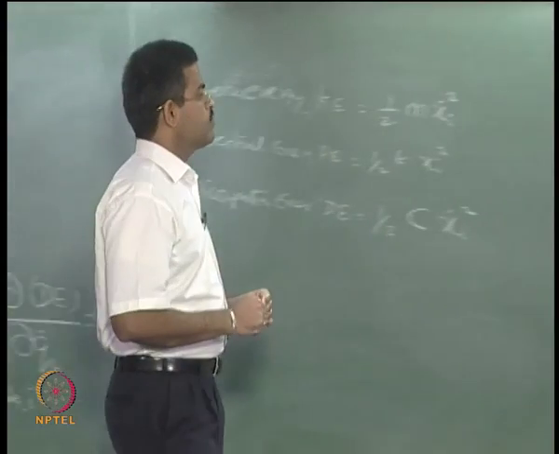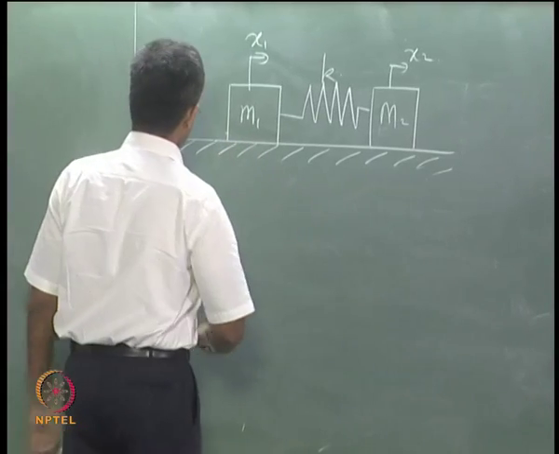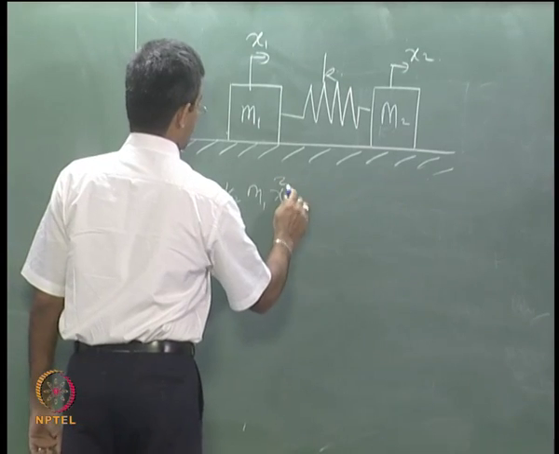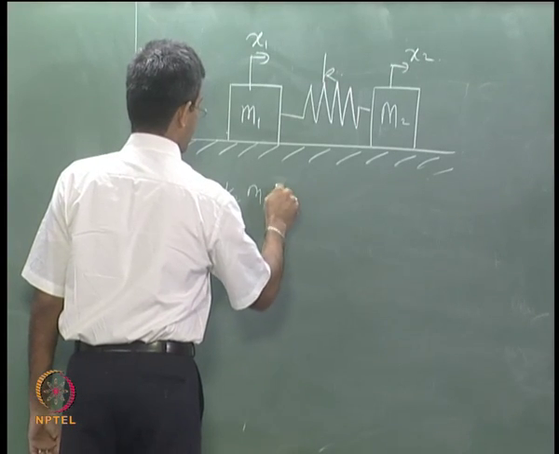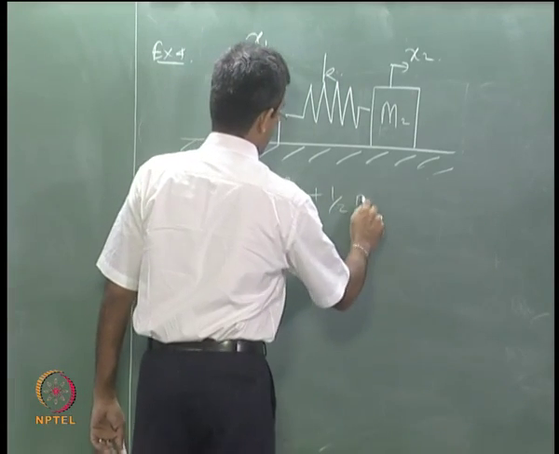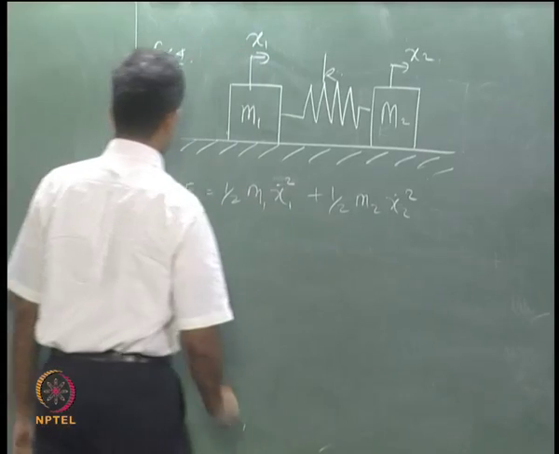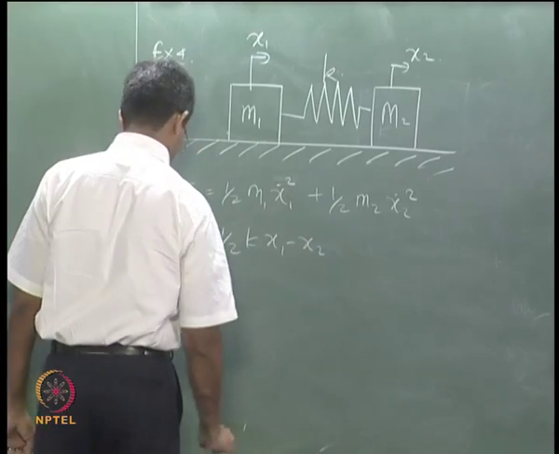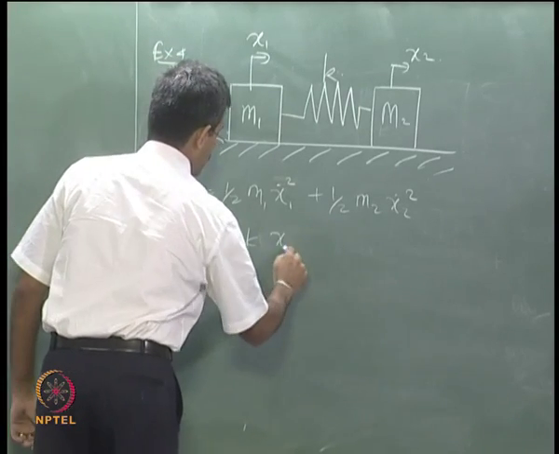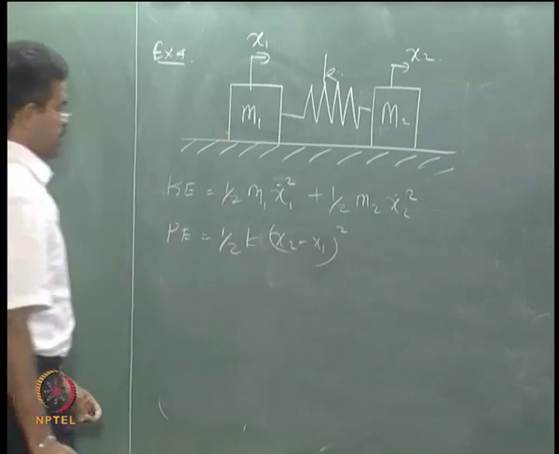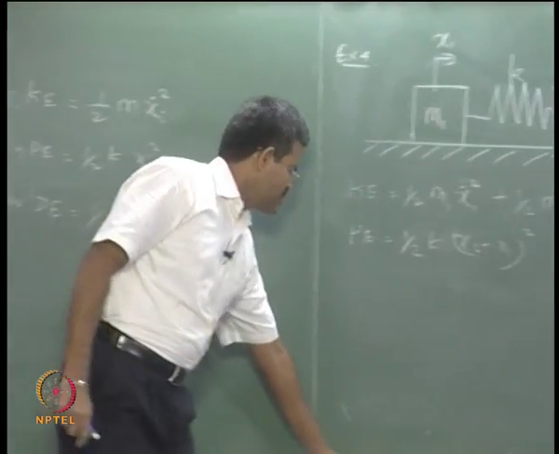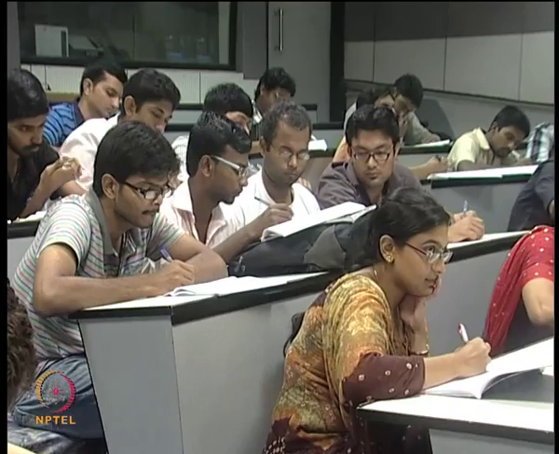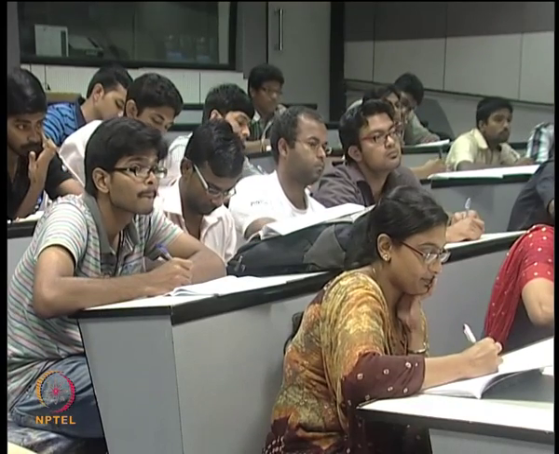So, we will neglect the frictional forces between the mass and the contact points. Kinetic energy is half m1 x1 dot square plus half m2 x2 dot square, and potential energy is half k of the relative displacement squared.